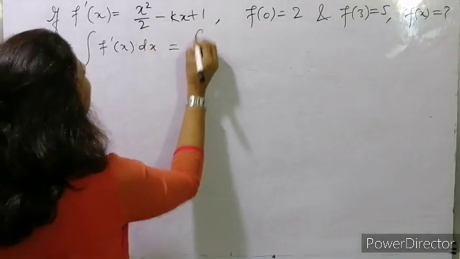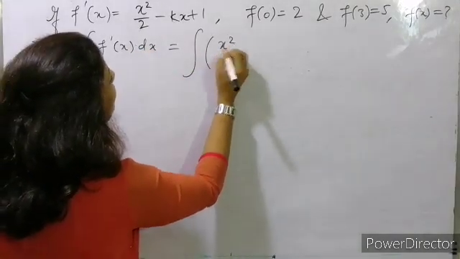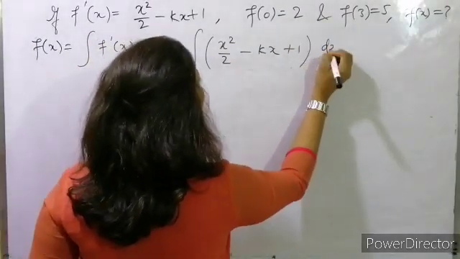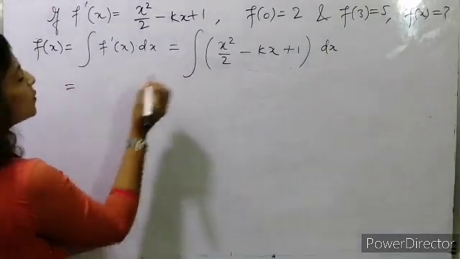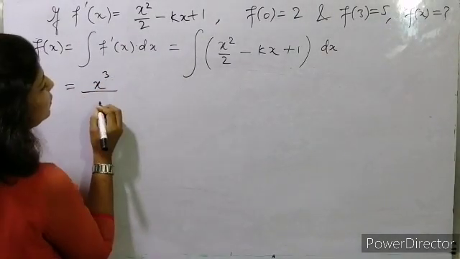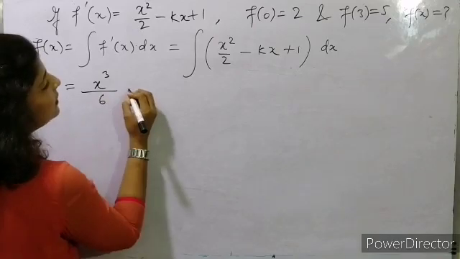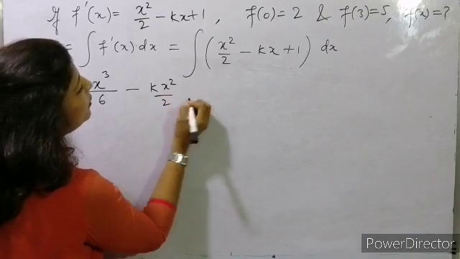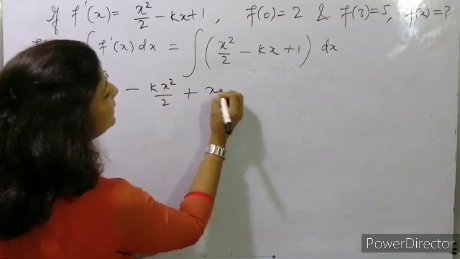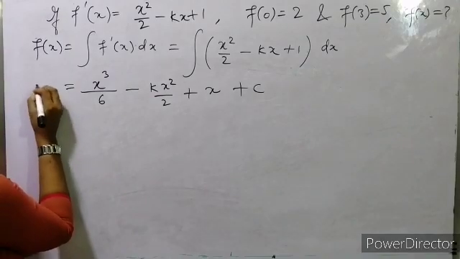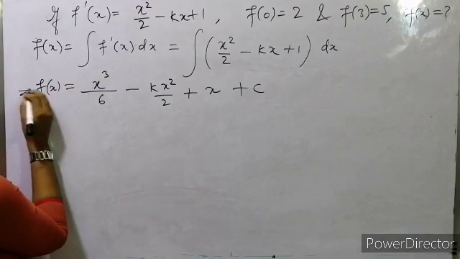It means integrating x square upon 2 minus kx plus 1 with respect to x. So x square upon 2 gives x cube upon 2 into 3, that is 6, minus kx square upon 2, plus 1 gives x, and plus c. So this will be the value of fx.